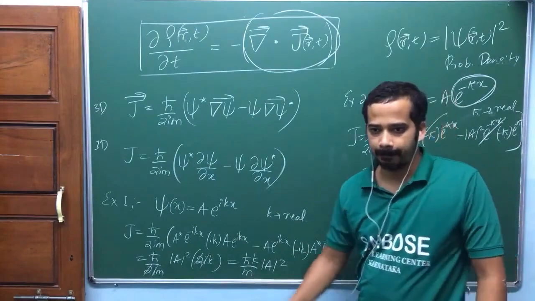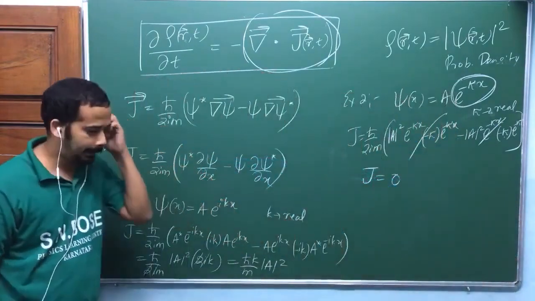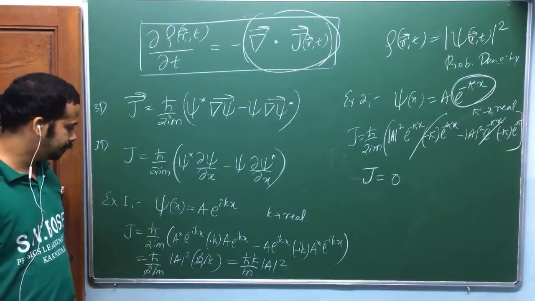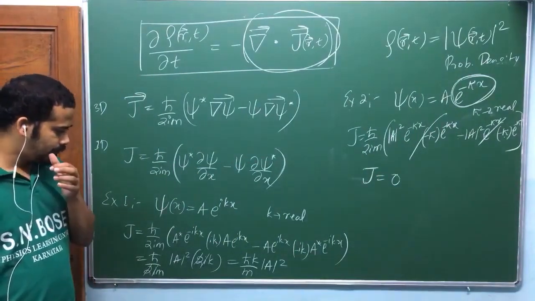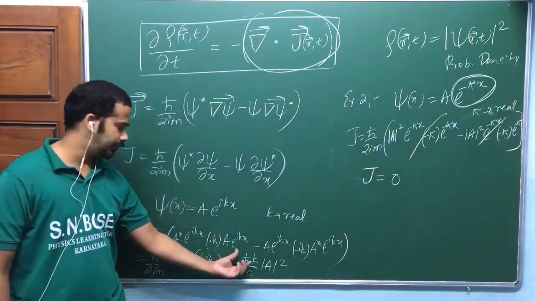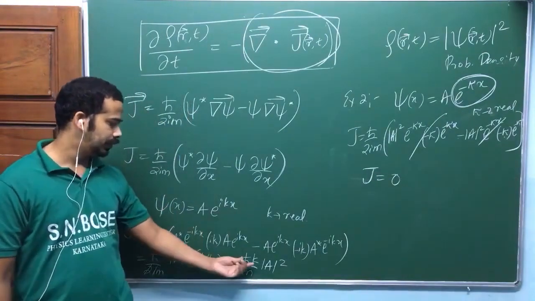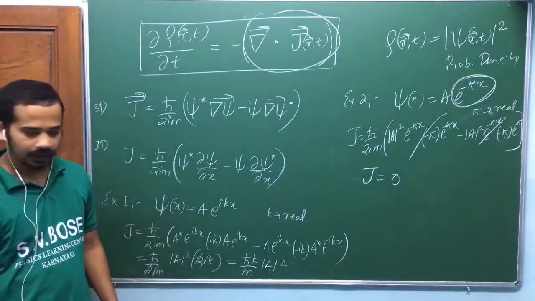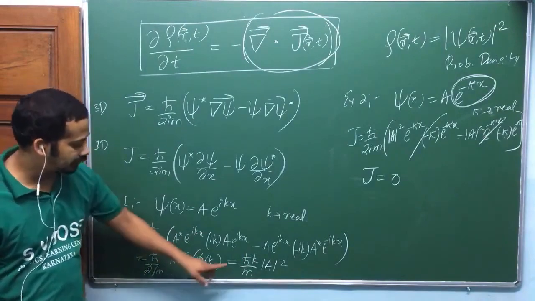Sir, here a to the power i, k h square k by m, this is velocity, right? Yeah, you can say this is velocity into mod square. So this is a velocity. If you take this as a free particle, h bar k by m is actually your momentum by m. Yeah, that's correct. So this j will have the dimension of velocity.